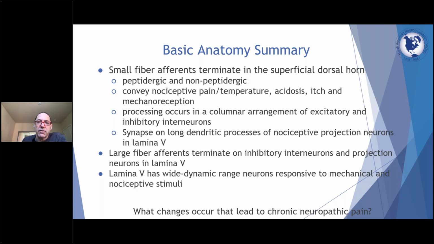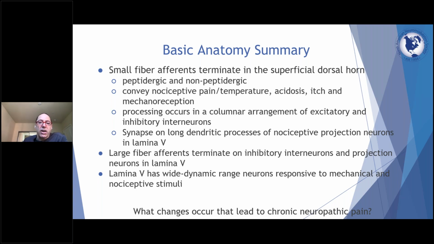They have a different pattern of synapses, whether in lamina 1 or the outer or inner lamina 2. They affect processing in these columnar organizations of excitatory and inhibitory interneurons, as well as they can synapse on the long dendritic processes of nociceptive projection neurons from lamina 5.